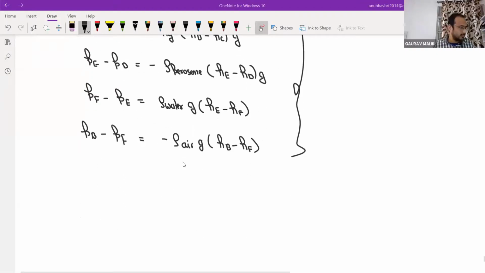Is it clear? Very good. Now, if you add all these equations, you will get the correct answer.